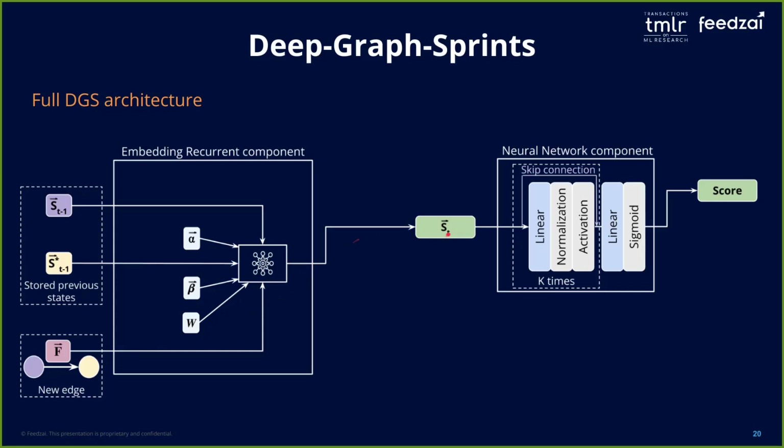This state is then input into a neural network component to generate a task-dependent output. To address the manual tuning issue with Graph Sprints, the forgetting coefficients and the embedding matrix are learnable in a joint optimization between the two components.